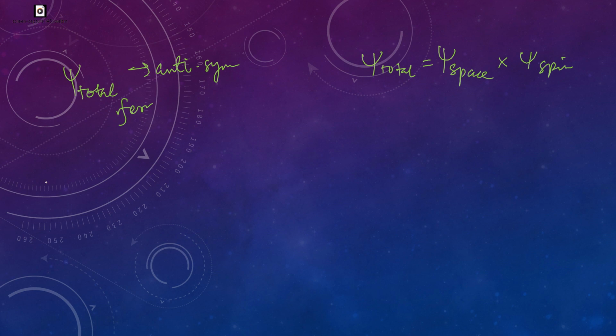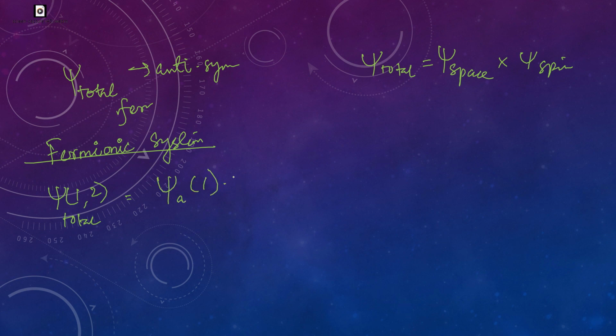Now we will write the wave functions a bit for fermions. Fermionic system, for example, two particles, psi 1, 2. So their total will be what? Psi A 1 into psi B 2.